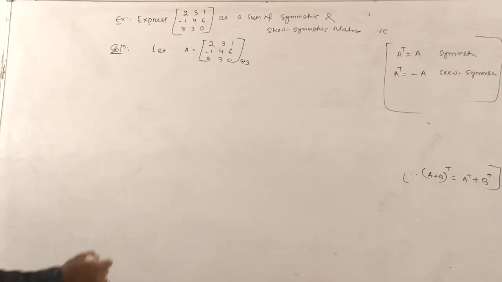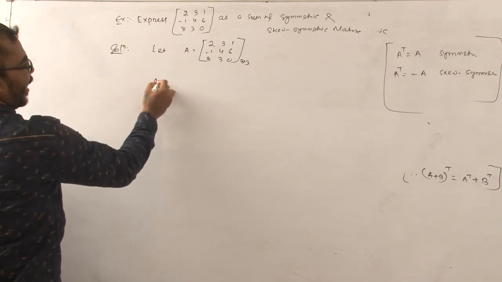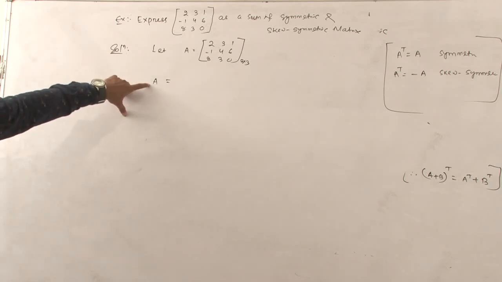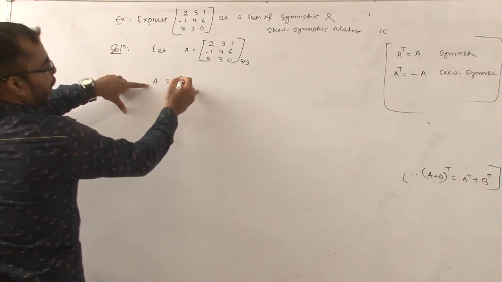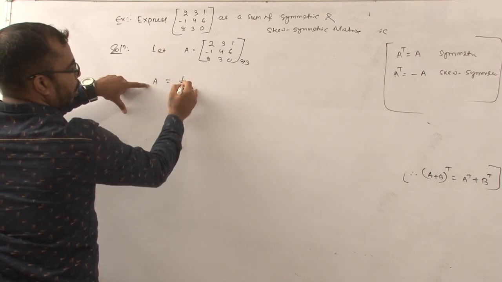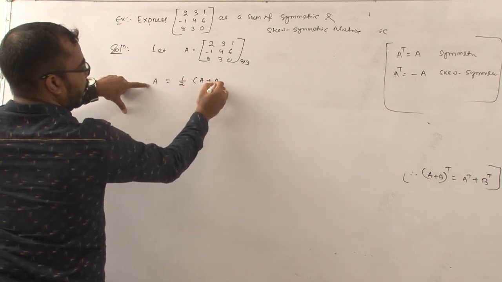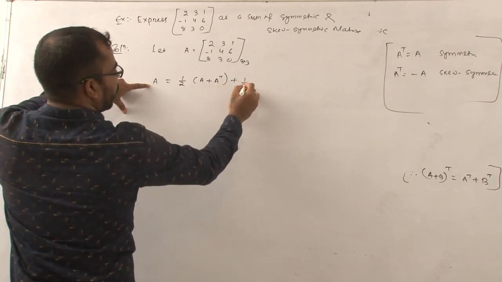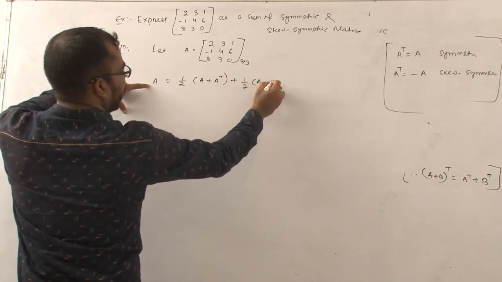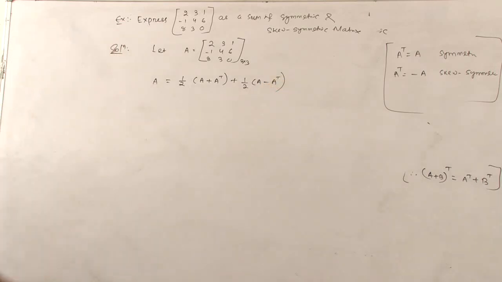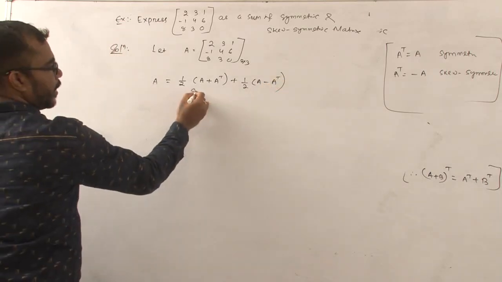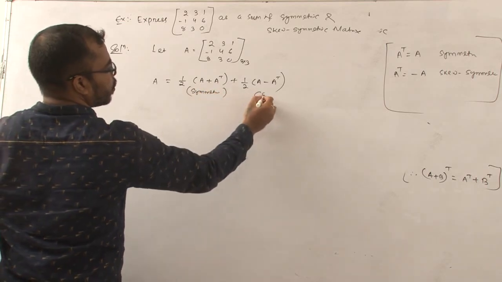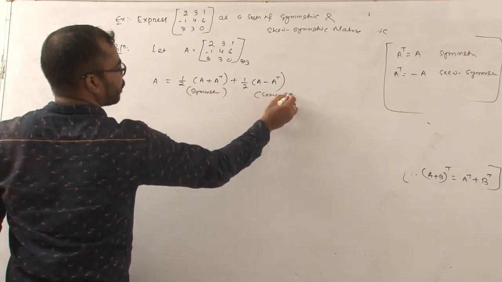So A can be expressed by the previous theorem as half of A plus transpose of A, which is called symmetric, plus half of A minus transpose of A, which is skew symmetric.